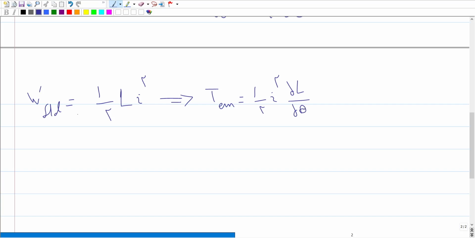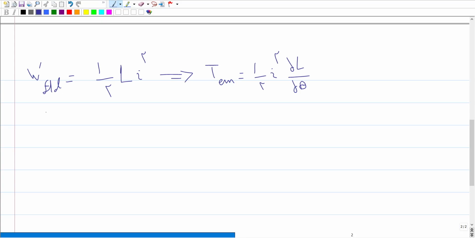But I don't want to use this method. This is not the instantaneous power method. This is the co-energy method. So let's start with the second method, which is requested in this example.